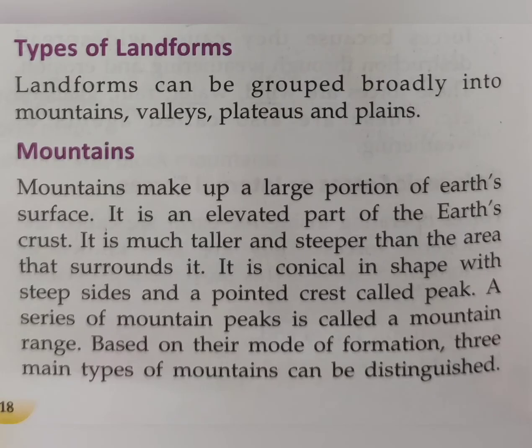Now, types of landforms. What are the types of landforms? Land can be grouped broadly into mountains, valleys, plateaus, and plains. So let's talk about mountains. Mountains make up a large portion of the earth's surface.